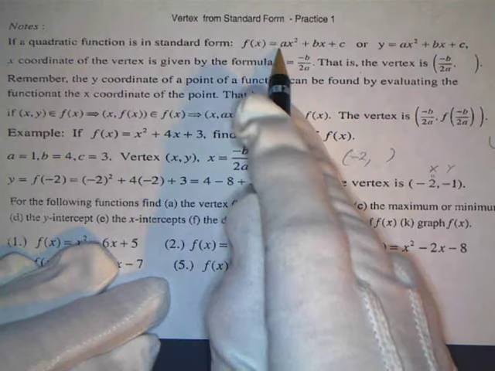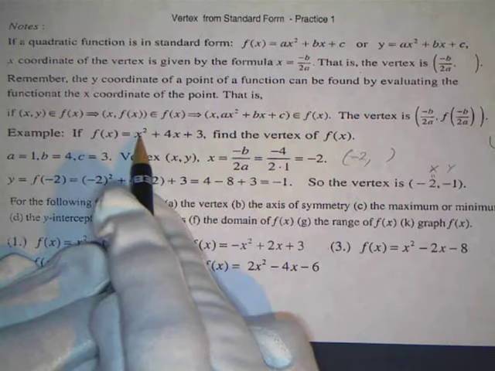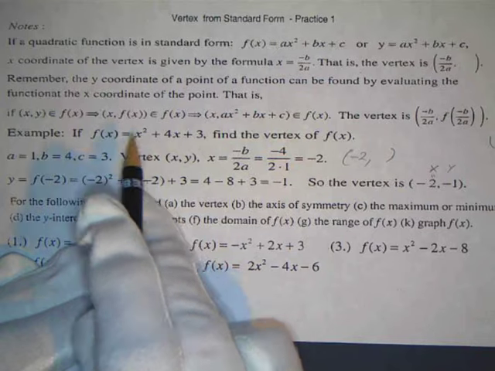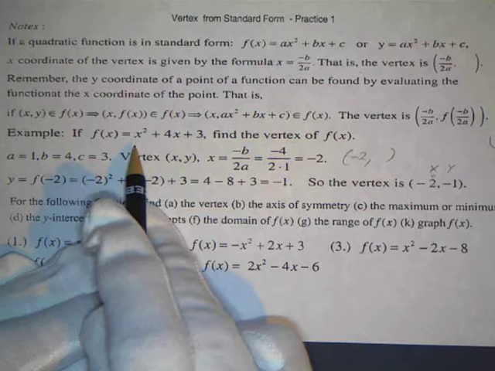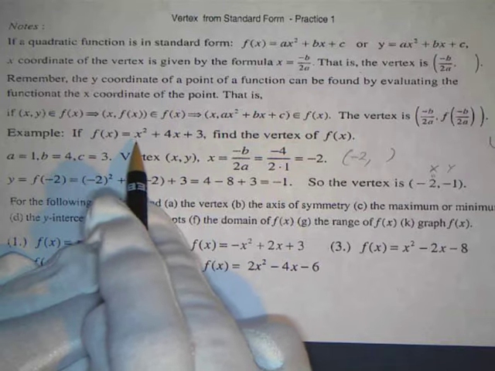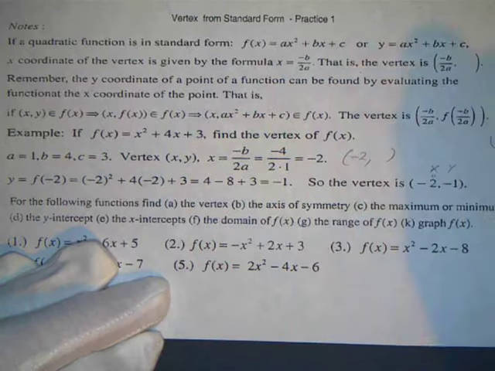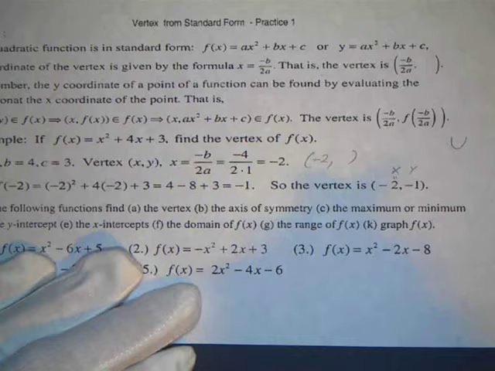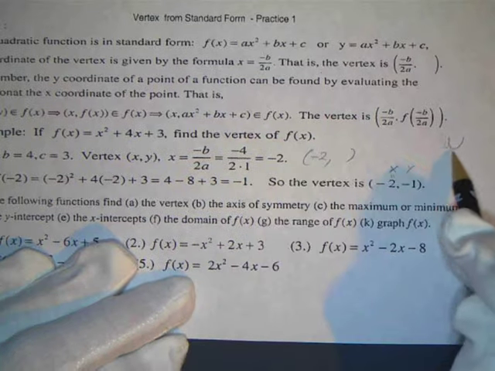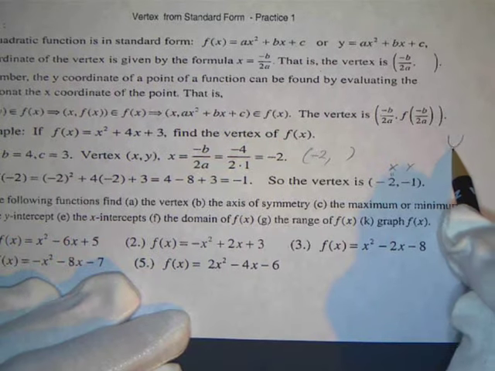Now, if the a is negative, if we have a minus in front of the x squared, it's shaped like an n, and an easy way to remember that is n and negative both start with the letter n. So if this is negative, it would be shaped like an n.